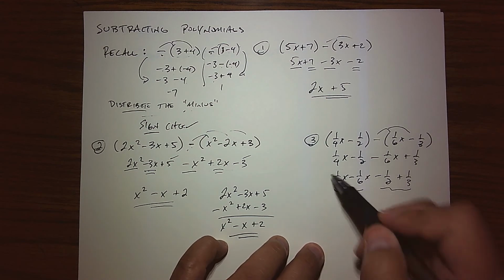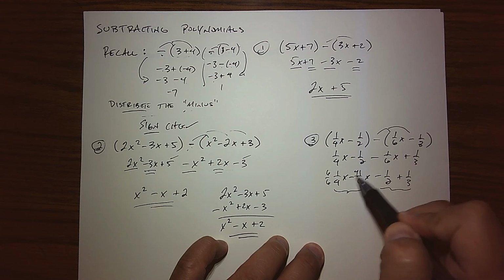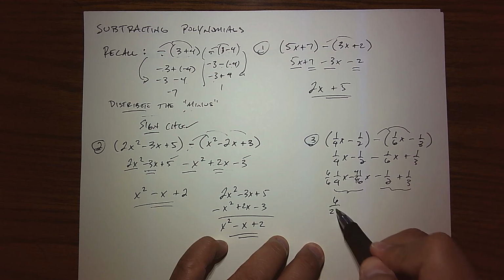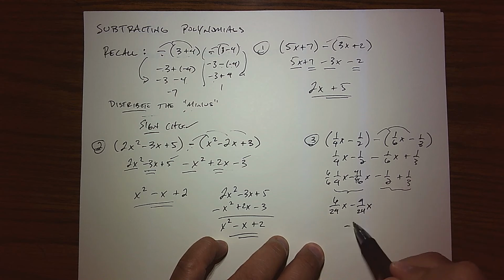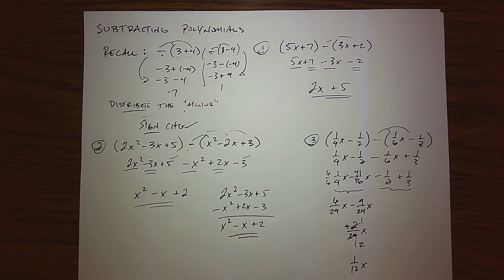So here it's 24, 6 over 6 and 4 over 4 will get the trick done. So 6 over 24x minus 4 over 24x will be positive 2 over 24x. Reduces: 2 goes into itself once and into 24 twelve times. So we get 1/12 x for the terms with x in it.